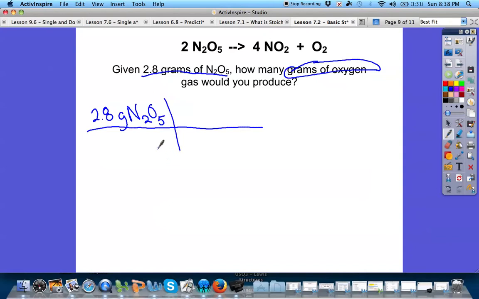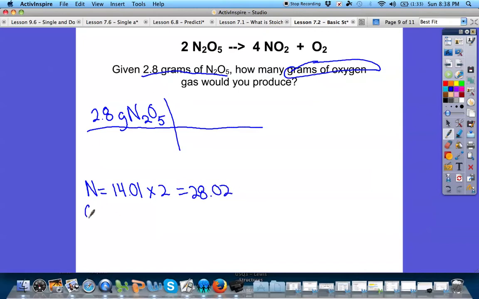Welcome back. So we're starting with 2.8 grams of N2O5. So we need to find the molar mass of this. So nitrogen is going to be 14.01 times 2. That's going to give us 28.02.